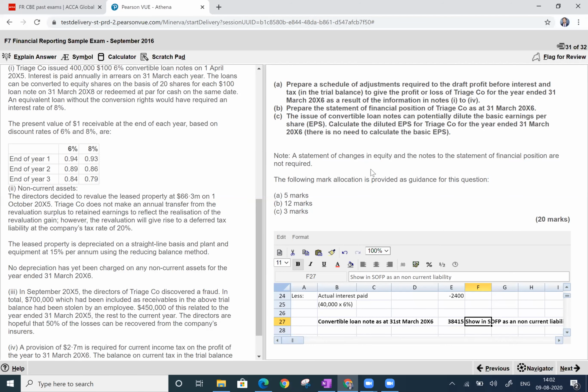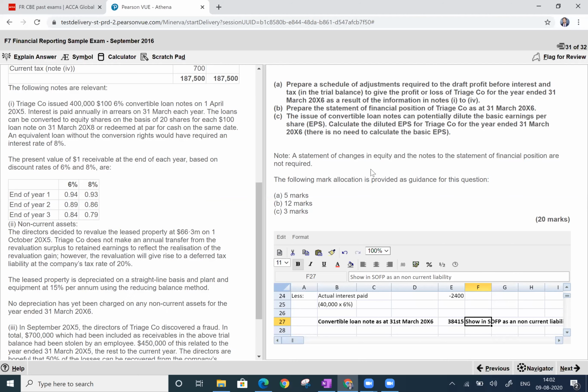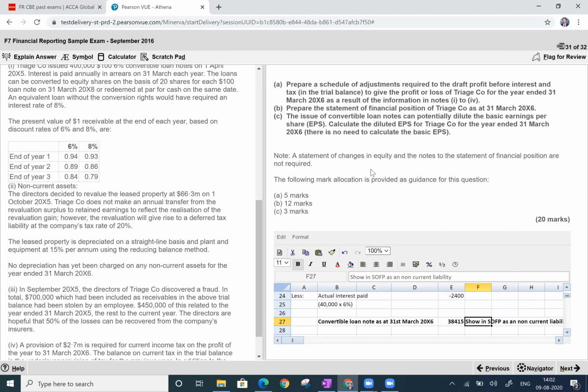Non-current asset. Directors desire to revalue leased property at 66.3 million on 1st October X5. Here comes a twist. When is your beginning? 1st April X5. When are you revaluing? On 1st October 20X5. The company does not make annual transfer from the revaluation surplus to retained earnings to reflect the revaluation gain.